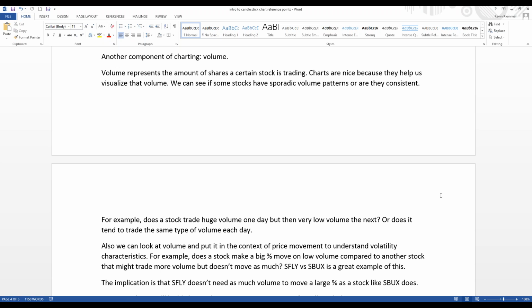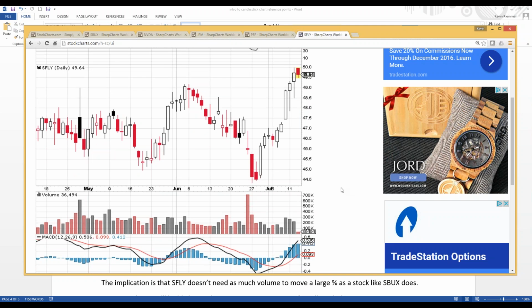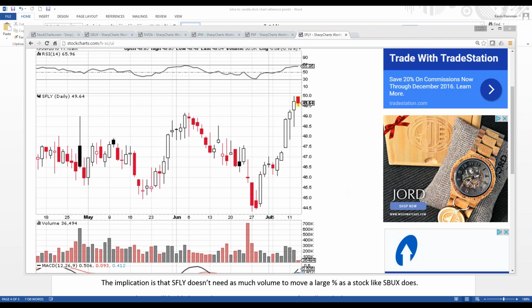Said another way, a stock like Shutterfly doesn't need nearly as much volume to make the move that a stock like Starbucks does. So if we look at Shutterfly, for example, you can see we've gone from $44.50 up to $50, a 10% plus move over the last couple of weeks, and our volume really hasn't been much greater than 200,000 shares per day, if that.